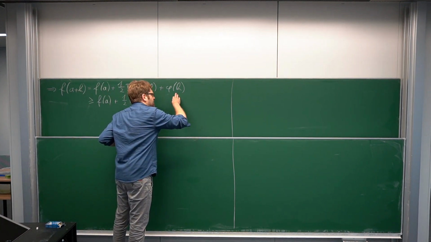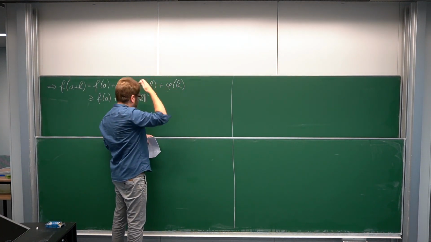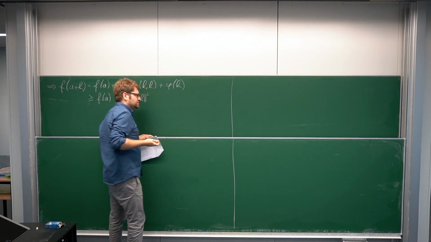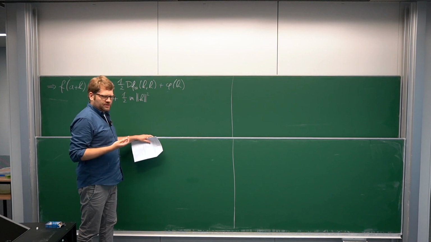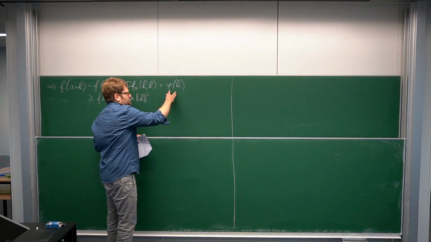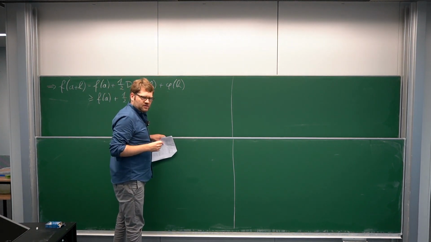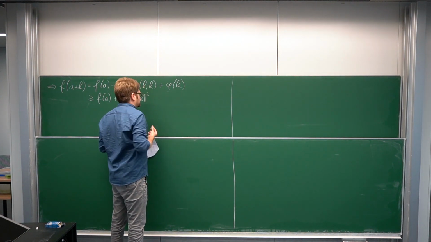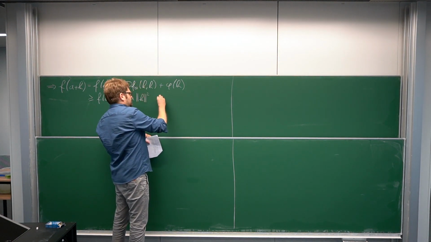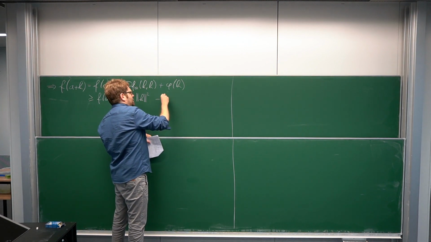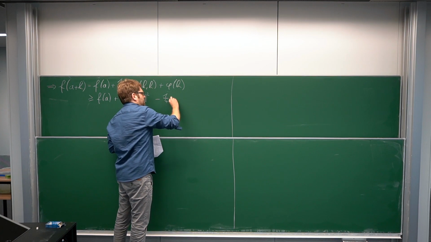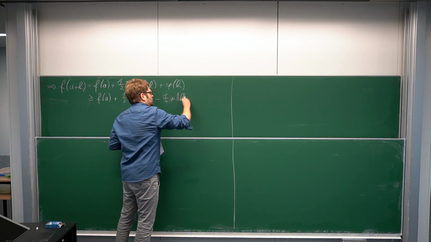And here we had assumed that for H sufficiently close to 0, the absolute value of this was bounded from above by 1/4 of M, the norm of H squared, which means that if we estimate the pure term, this is bigger than or equal to minus 1/4 M norm of H squared.